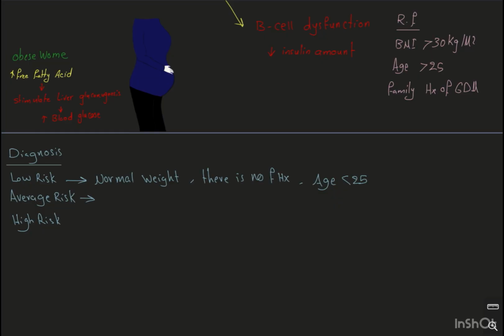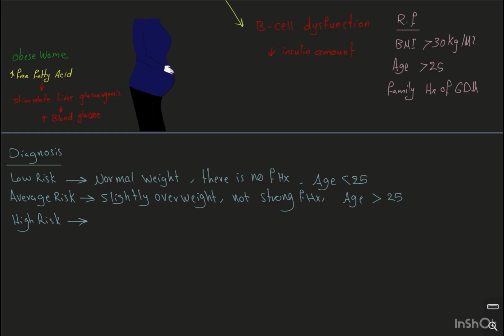For the average risk, the woman could be overweight but not very overweight, so let's say slightly overweight, could have a family history but not a first degree relative, so there is family history but not strong, or the age more than 25.